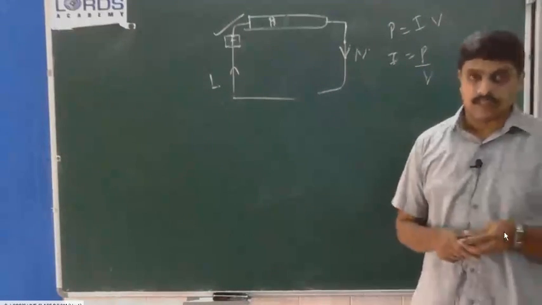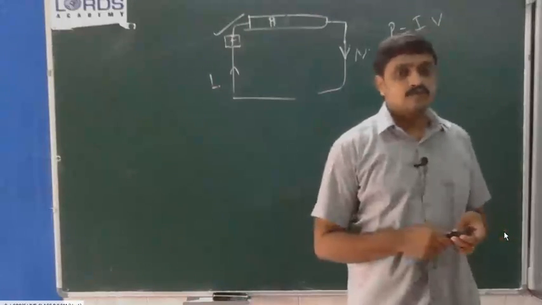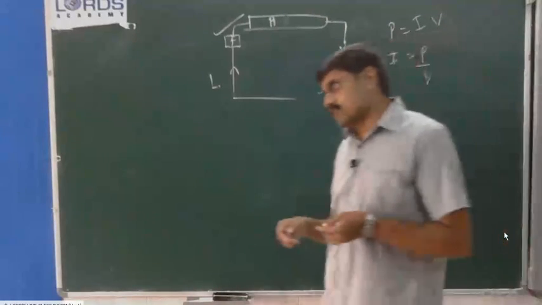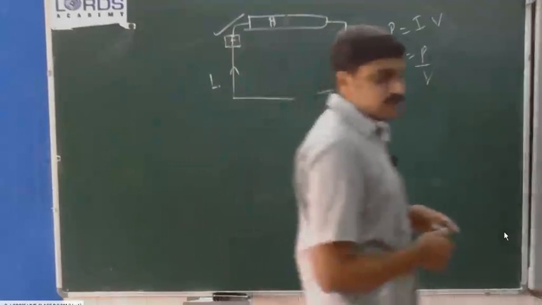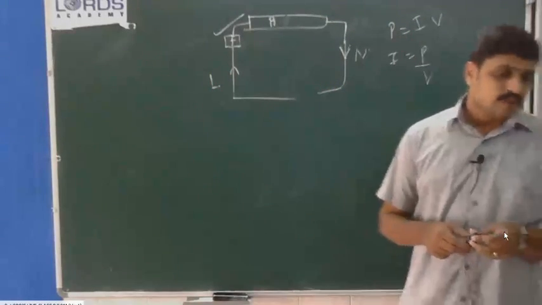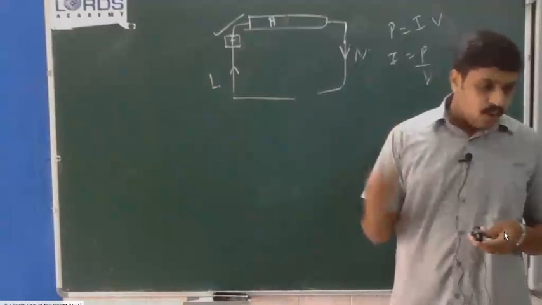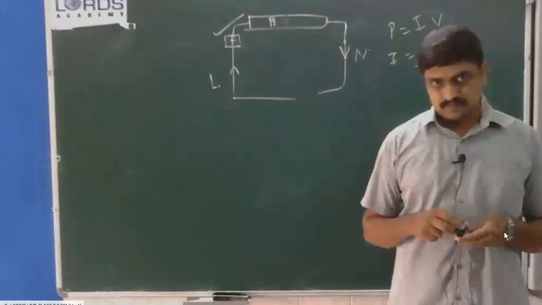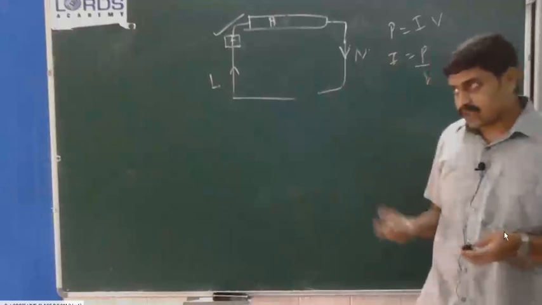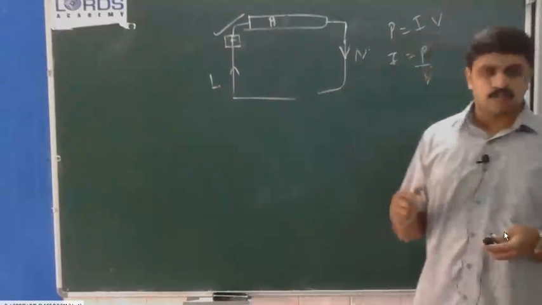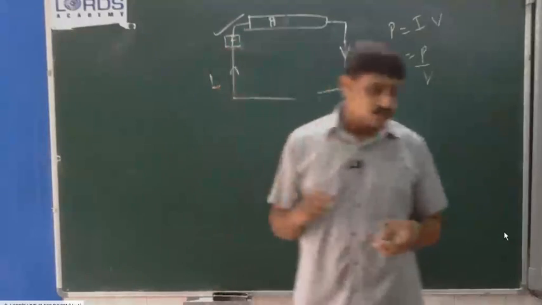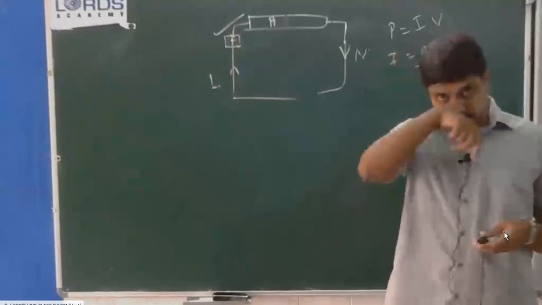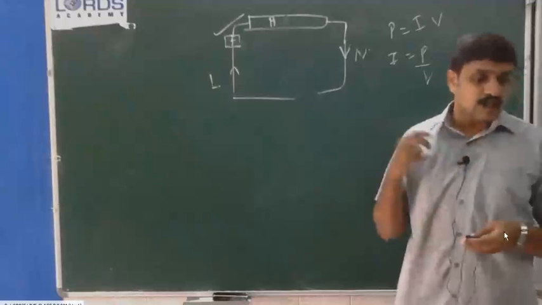So two types of switches are there. First one is the single pole switch. A single pole switch disconnects only the live wire. Most of the switches we are using are single pole switches. Another kind of switch is the double pole switch.